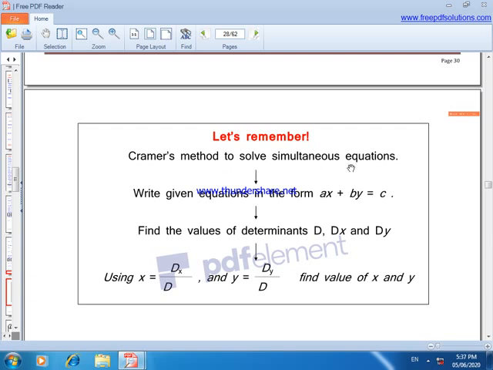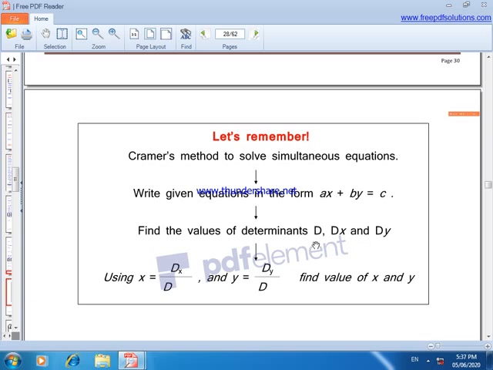Cramer's method to solve simultaneous equations. Write given equation in the form of ax plus by is equal to c. That means we have to transfer the constant term to the right side. So our equation becomes ax plus by is equal to c. Then find the values of determinant d, dx, dy. We know how to find the values of determinant.